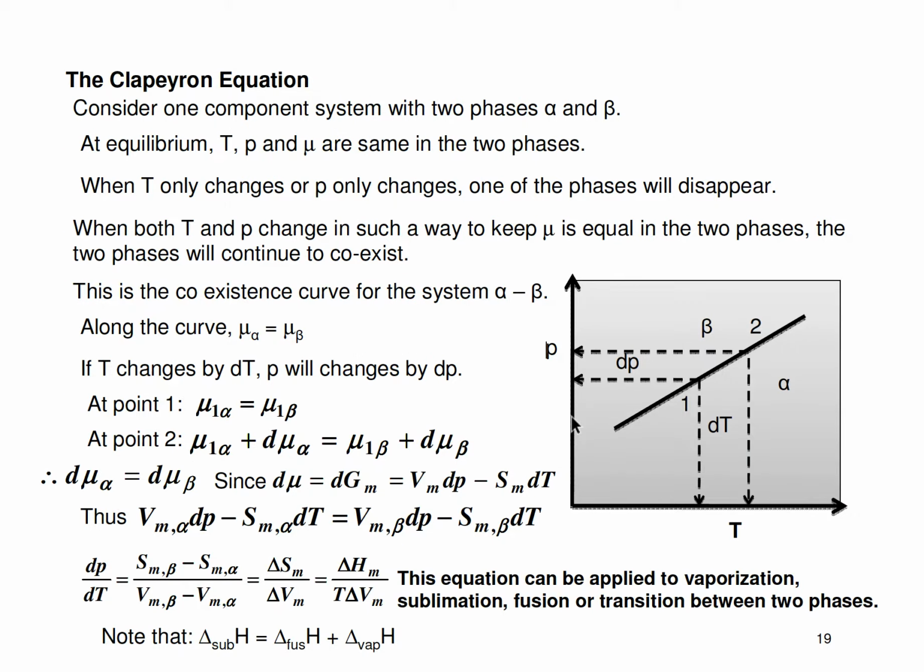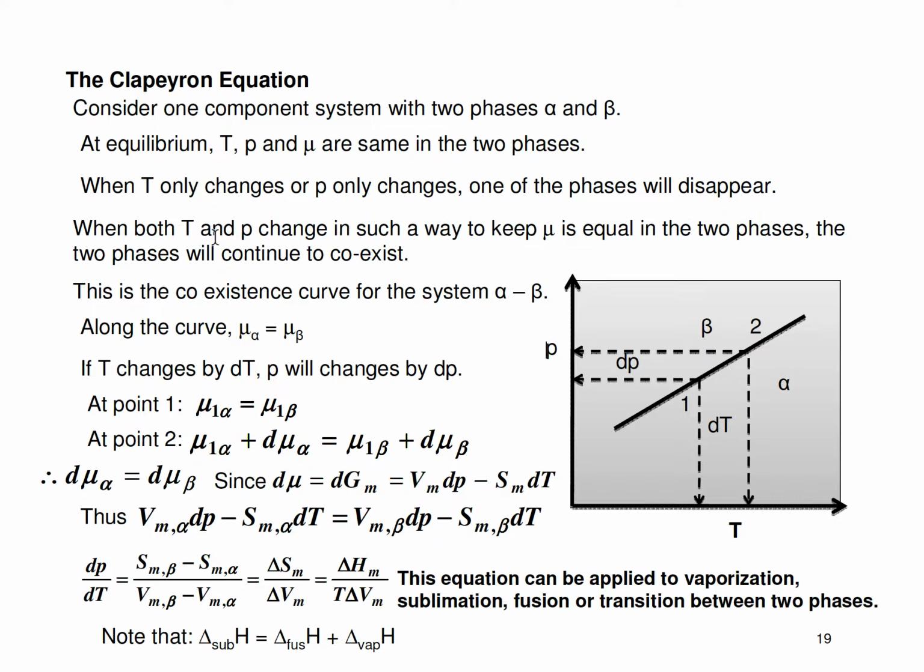Okay, we move on to the Clapeyron equation. I believe we have learned this during chapter 3 or 4, right? So consider a one-component system with two phases, alpha and beta. At equilibrium, T, P, and mu are the same in the two phases. When T only changes or P only changes, one of the phases will disappear.